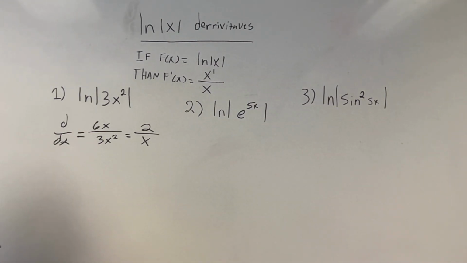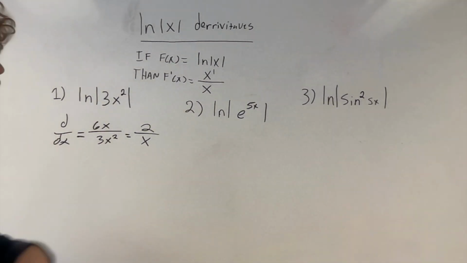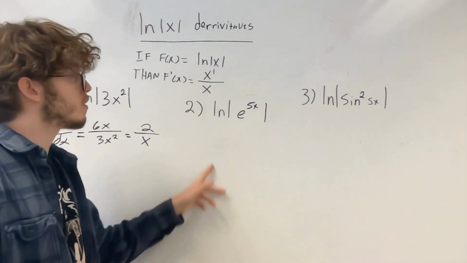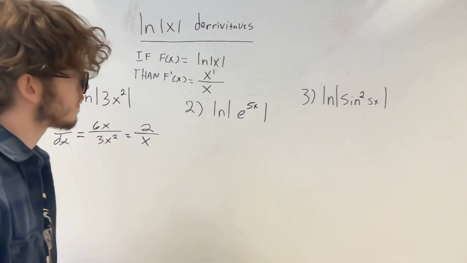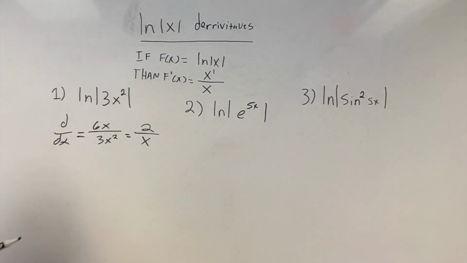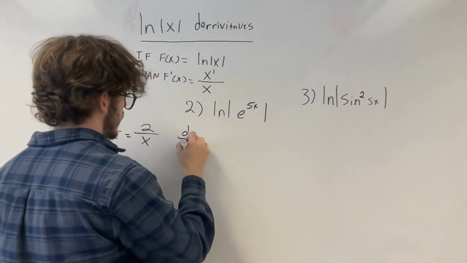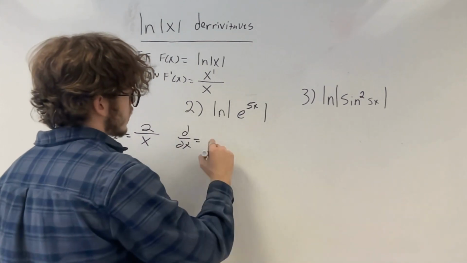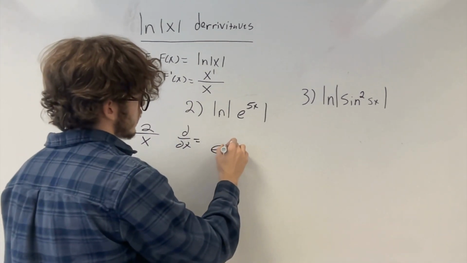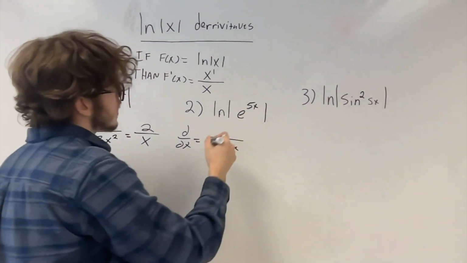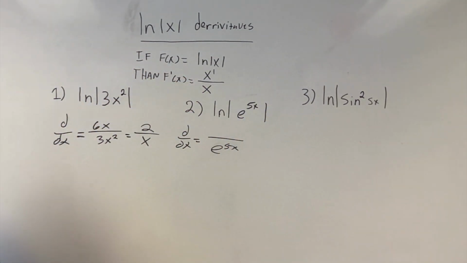All right, let's move on here. For number 2, we have the natural log of e to the 5x. Okay, how do we go about that? So we're going to say that the derivative d dx is equal to, and on the bottom we'll put e to the 5x because that's what we have inside. And now we have to take the derivative of e to the 5x.